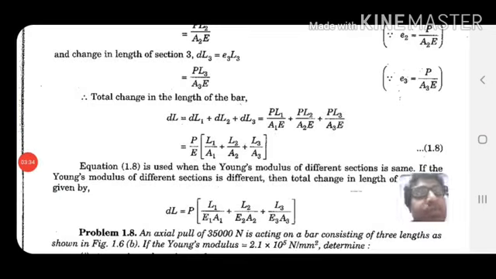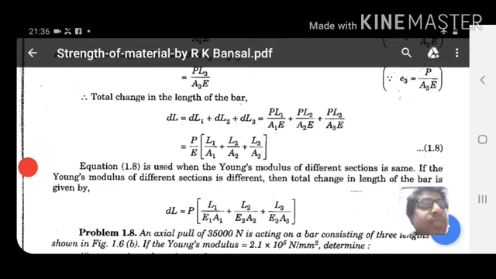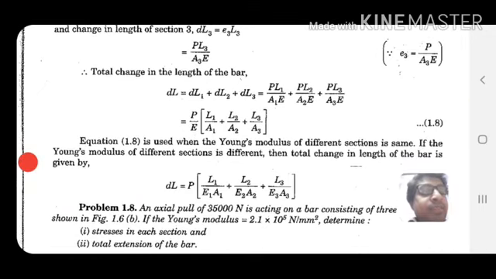Therefore, the total change in the length of the bar, dL, is equal to dL1 plus dL2 plus dL3. So PL1 divided by A1E plus PL2 divided by A2E plus PL3 divided by A3E.